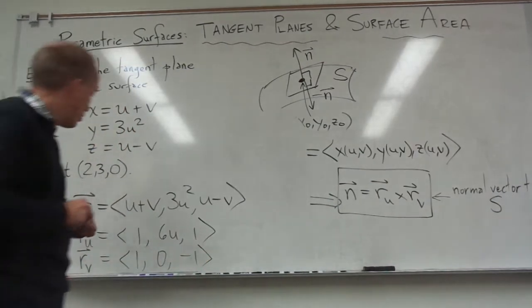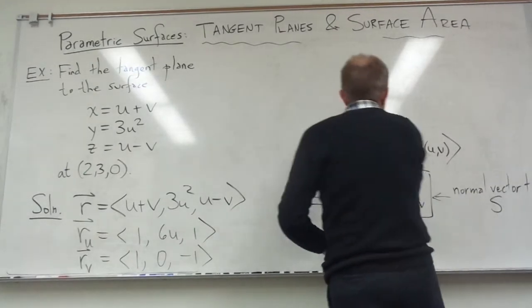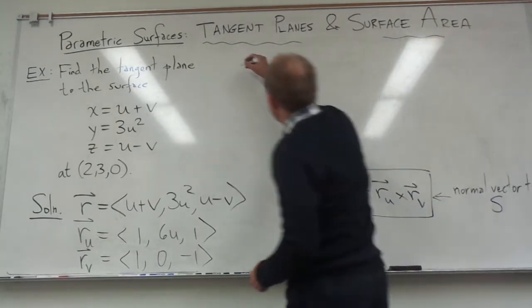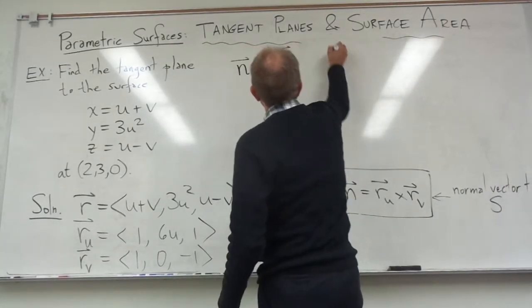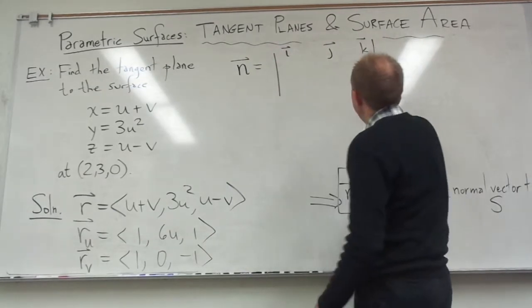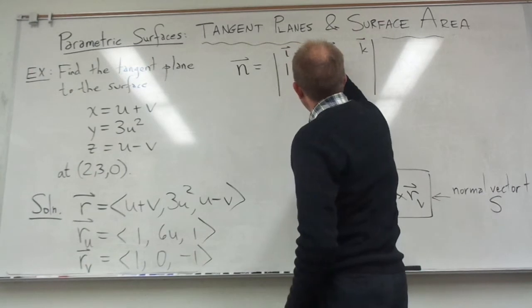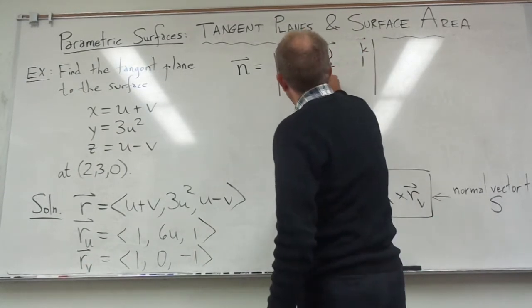So there's your r sub u and your r sub v. The next step to get our normal vector is to cross those vectors together. As usual, we build ijk, putting r sub u, 1, 6u, 1, in the middle row and r sub v in the bottom row.